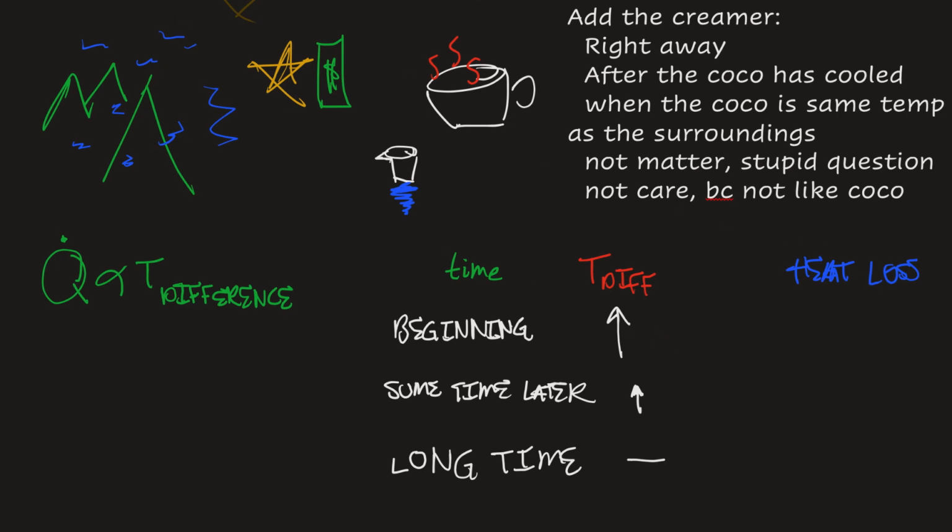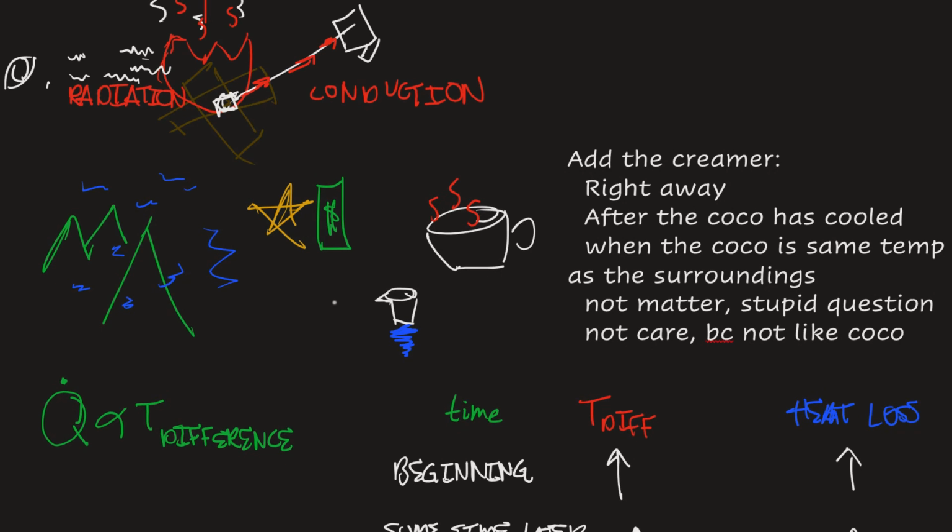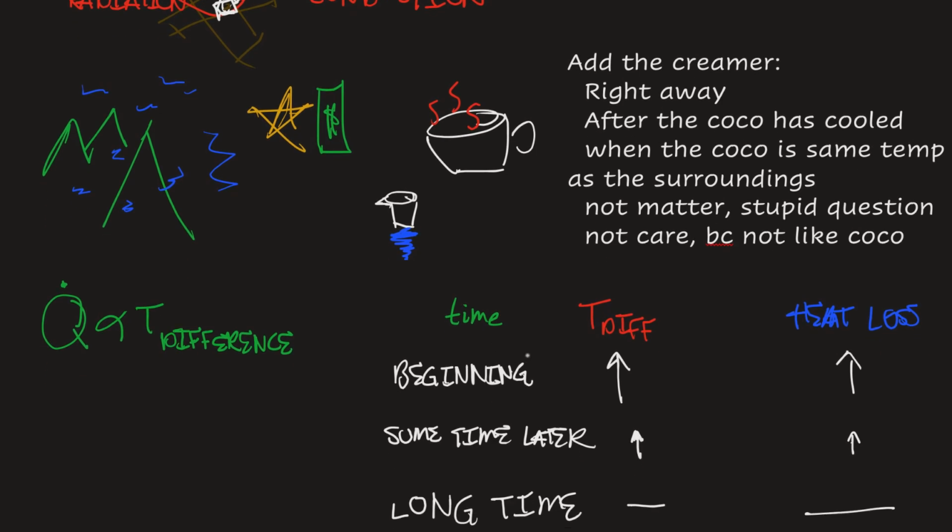So it's also going to be greatest in the beginning, still there but not as large sometime later, and then not there at all after a long time. And so the idea is that you add the creamer right away, you cool down the hot chocolate to a moderate temperature so that the heat loss is not as great.